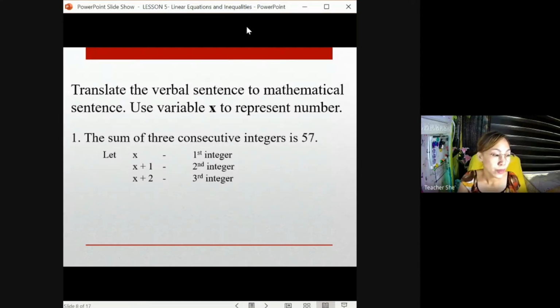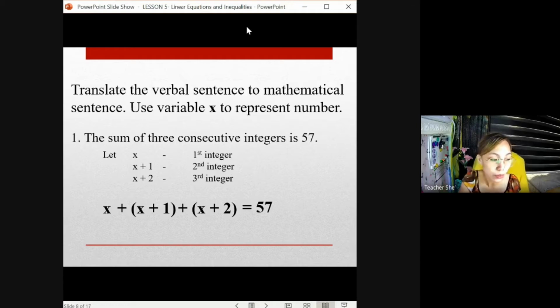From the given, the sum of 3 consecutive integers, we add all the integers from the first to the third. x plus x plus 1 plus x plus 2 is, the symbol for is equal, 57. That is the mathematical sentence for number 1.